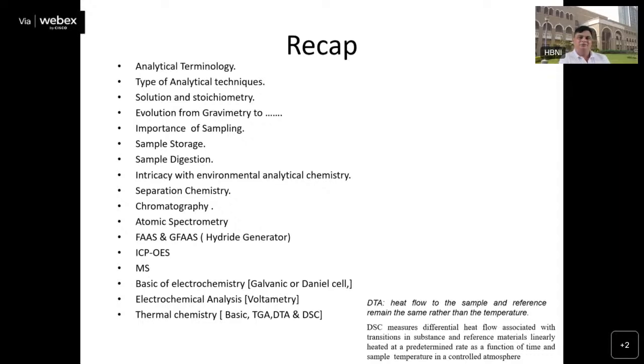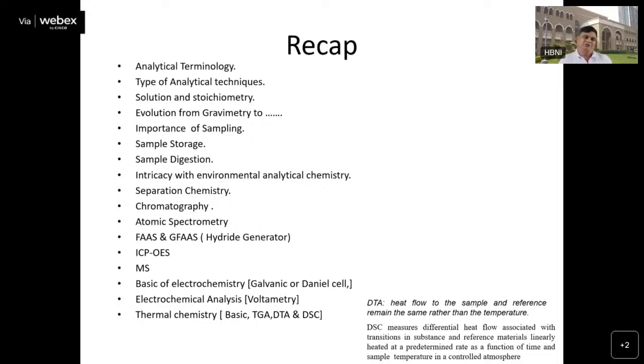And then we discussed DTA and DSC. In both cases, along with the sample, we use a reference material. In case of DTA, we observe the variation in the temperature difference between the reference and the sample. Whereas in case of DSC, we measure the heat flow.